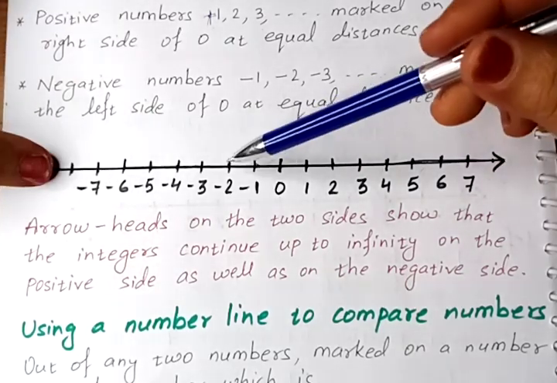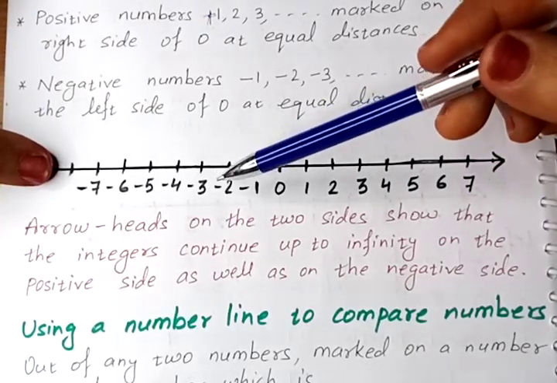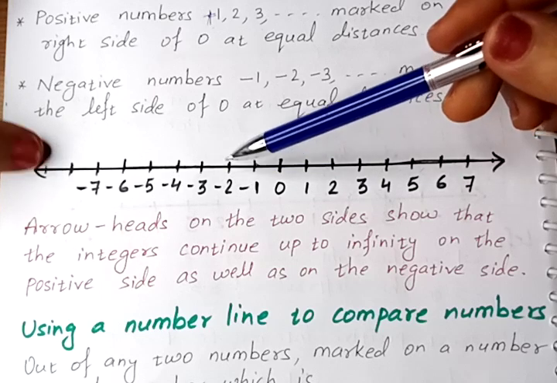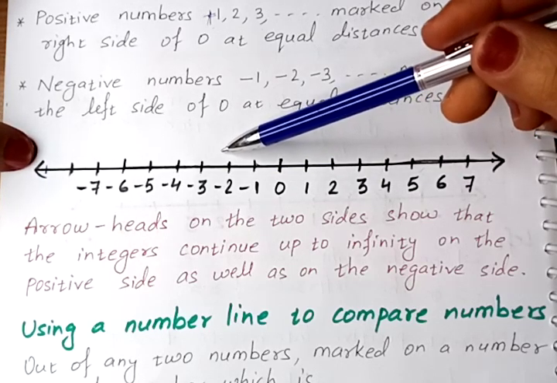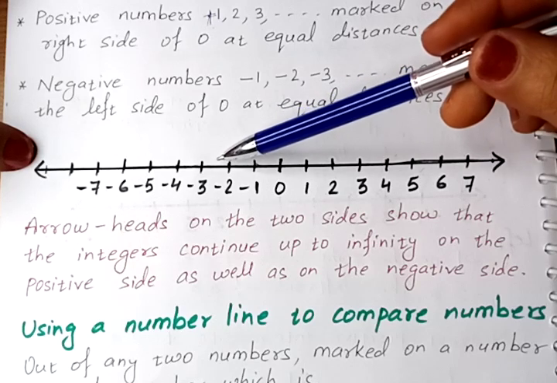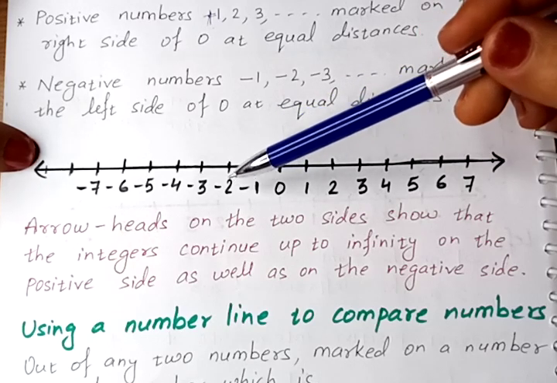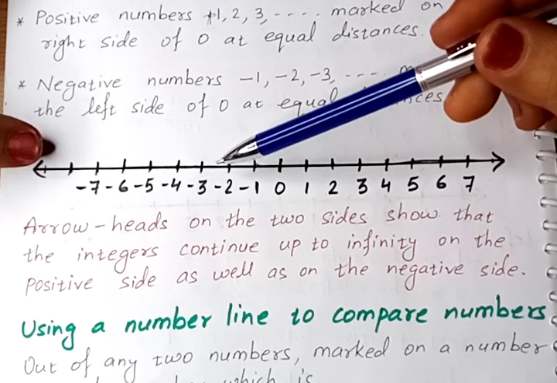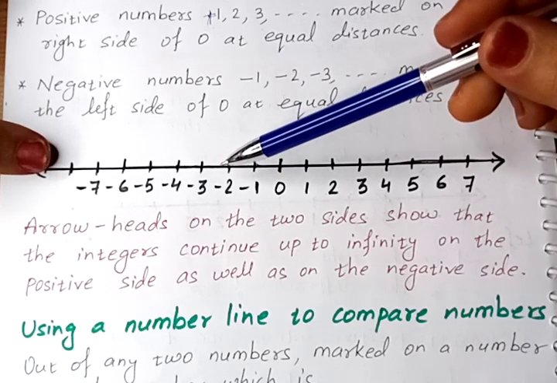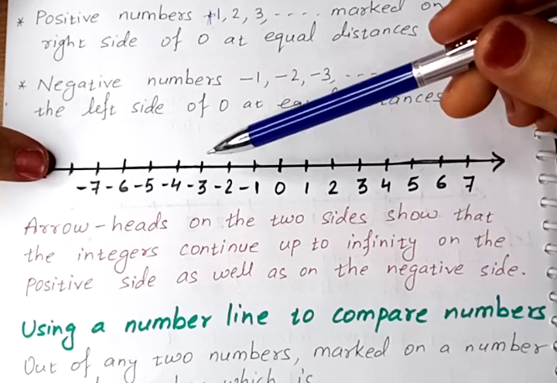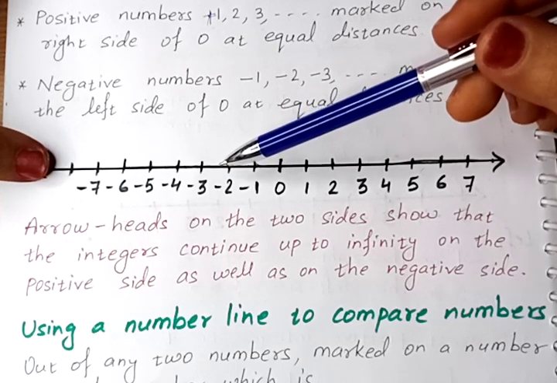Now, on the left side, what numbers are there? On the left side, negative numbers are there. How many negative numbers are there? There are infinite negative numbers on the left side of 0, and that also at equal distances.